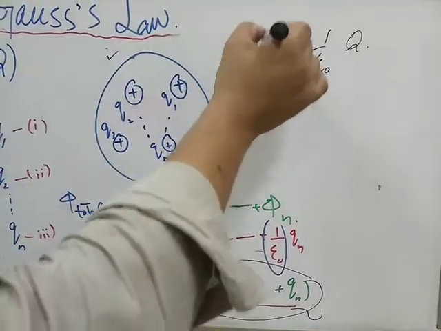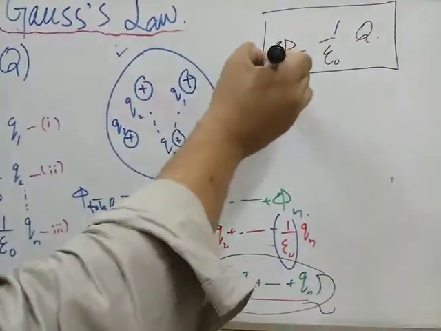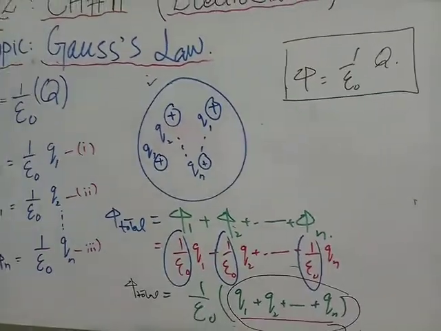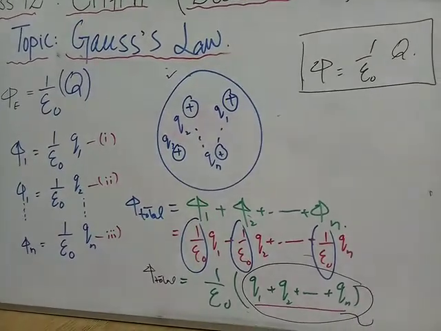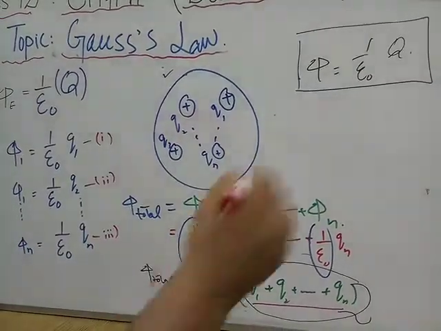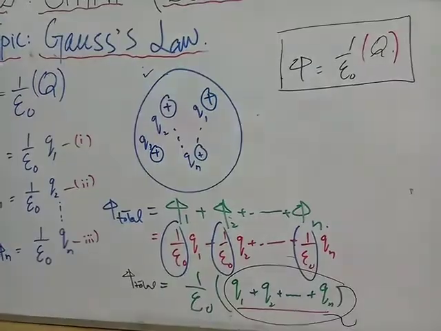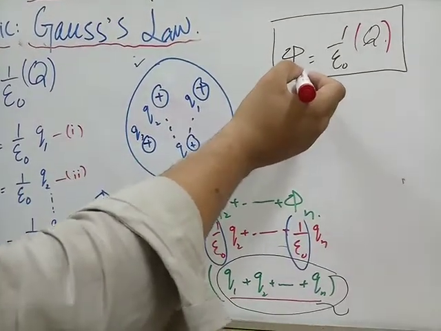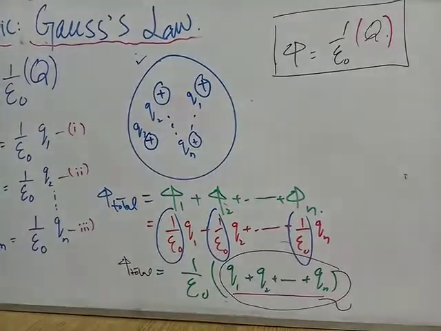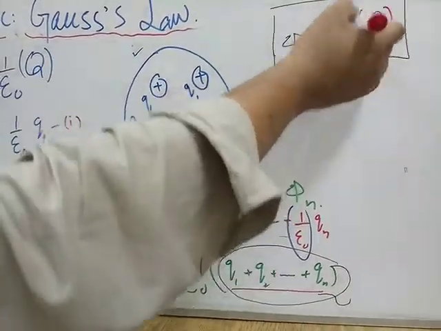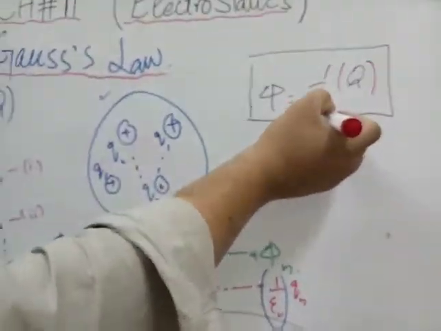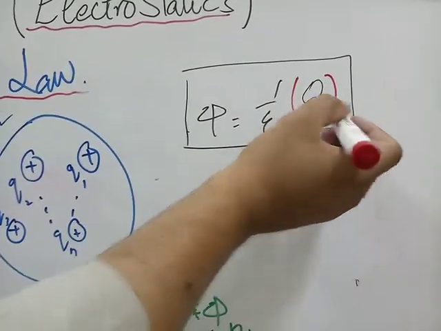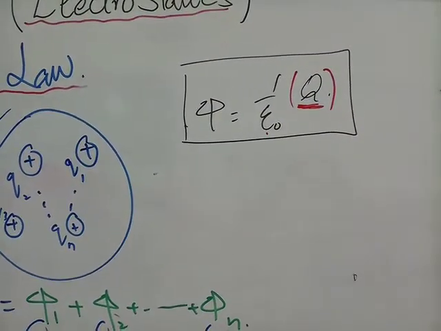So this is the general formula by the definition of Gauss's law. Gauss's law states that the total flux of a charge which is enclosed in a closed surface is 1 over epsilon naught times the total charge enclosed in it.